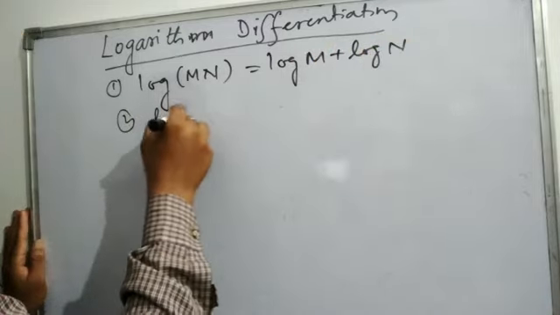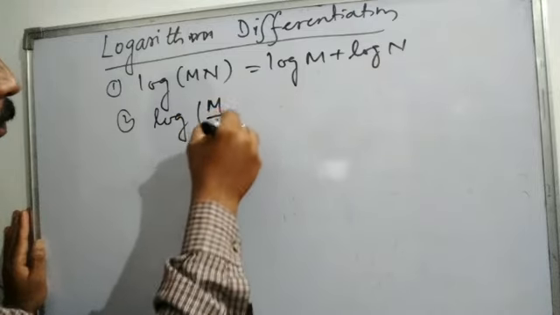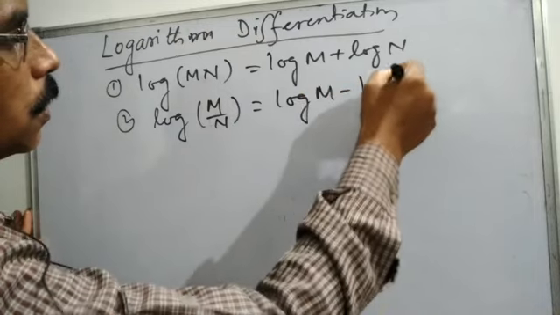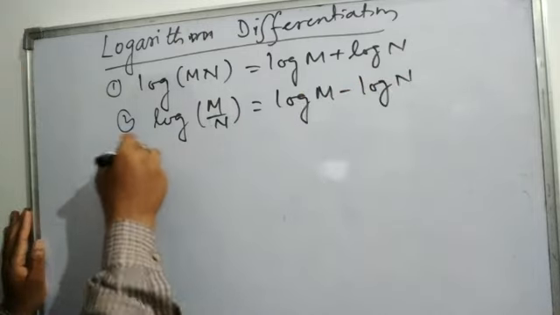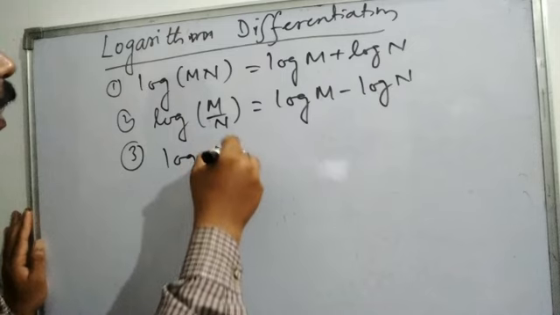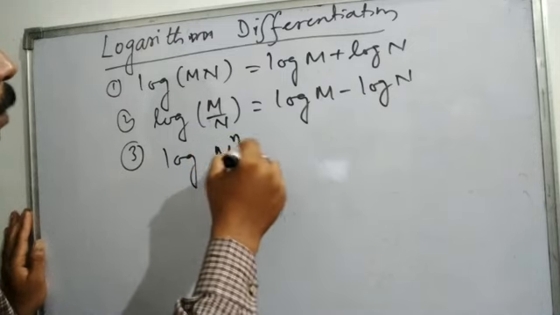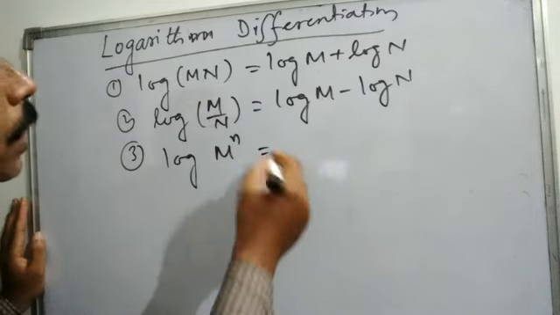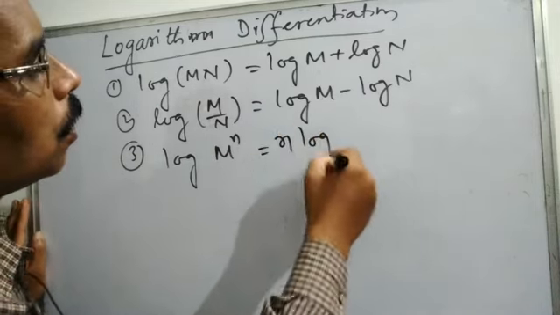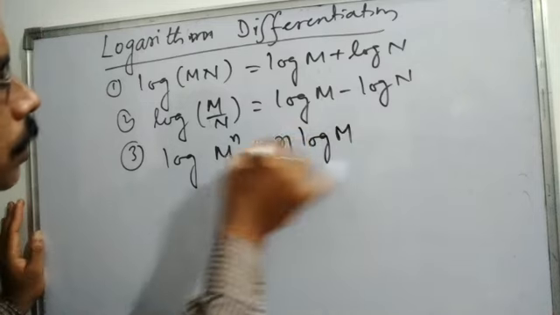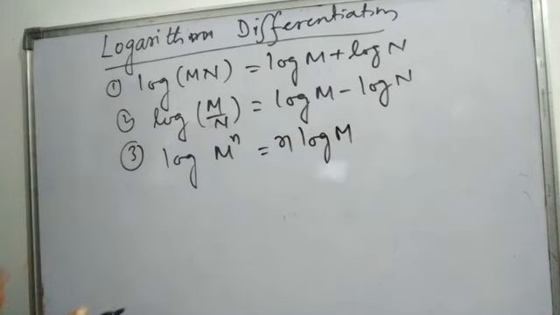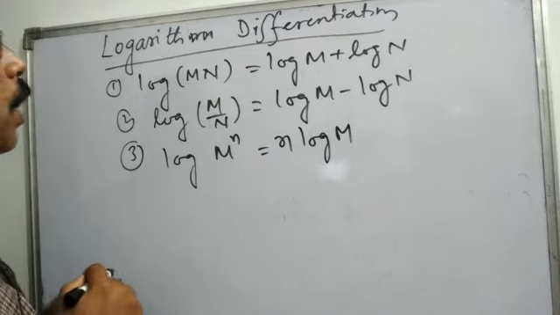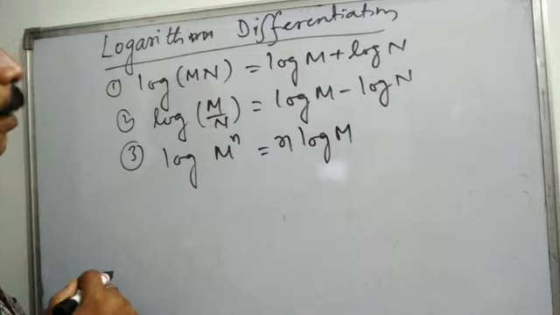Second, log of m by n is equal to log m minus log n. Third, log of m to the power n, the exponential form: in this case, it will be n into log m. The power comes first.